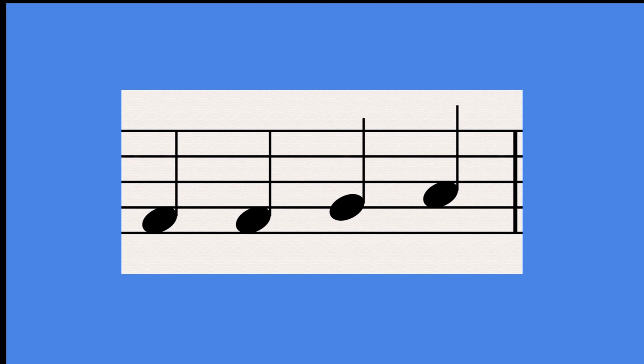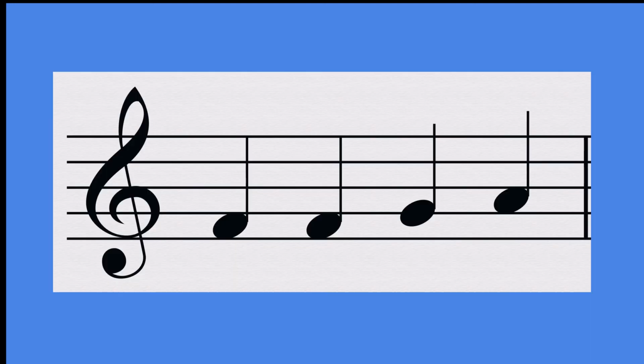Take a look with the treble clef. We know that the treble clef circles the G note on the second line, which means one note lower than that in the space would be an F. So those notes are F, F, G, A on the treble clef.